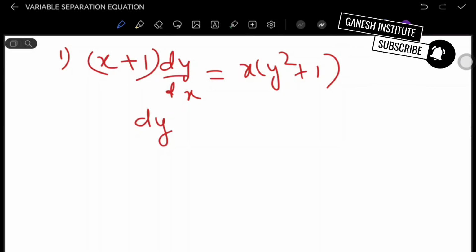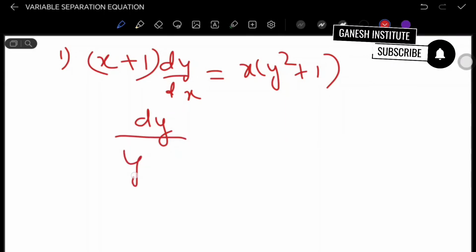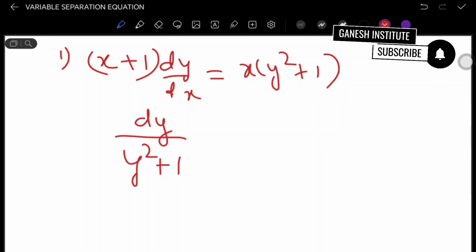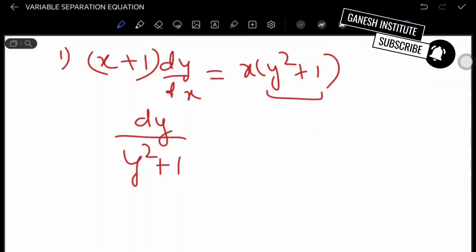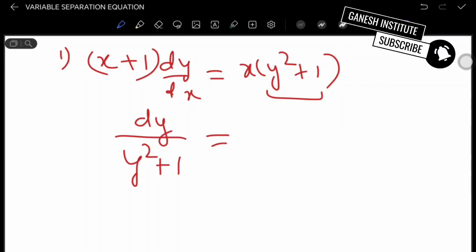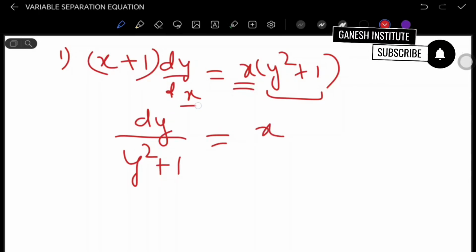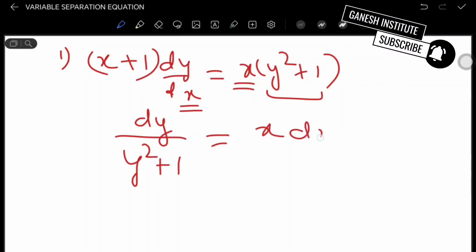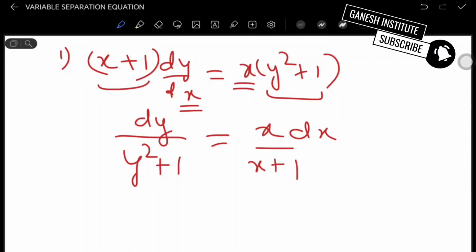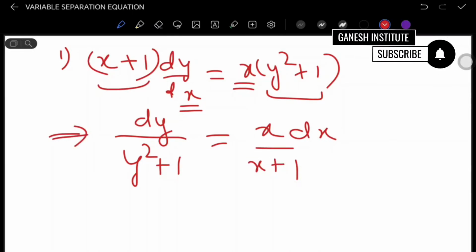If I want to have the y component on one side, this is the way, right? I have brought this y square plus 1 down onto the left hand side. Now here x is left. I'm taking this dx onto the right hand side and this x plus 1 as well onto the right hand side, right?